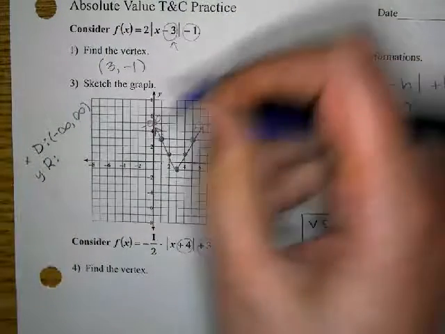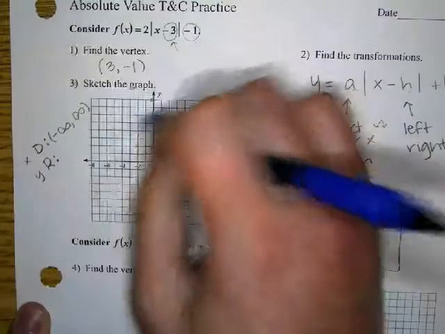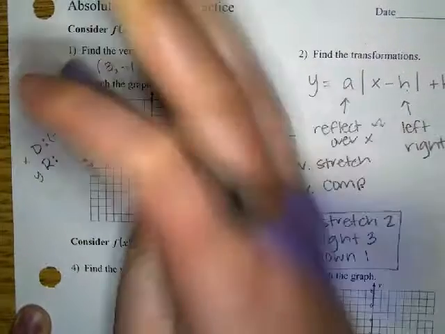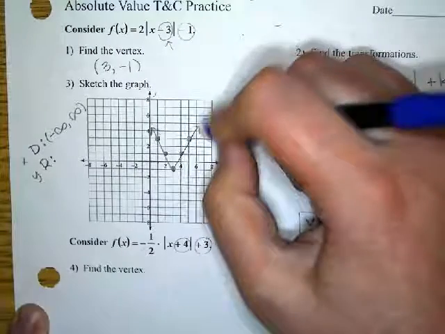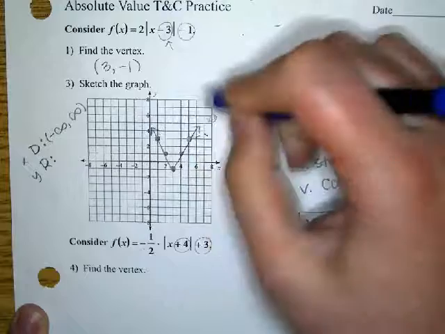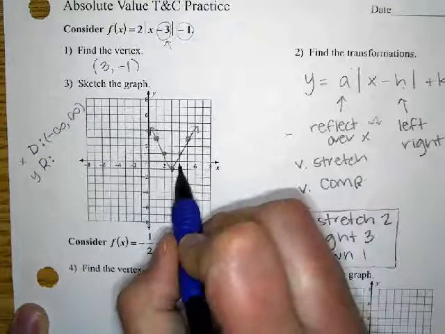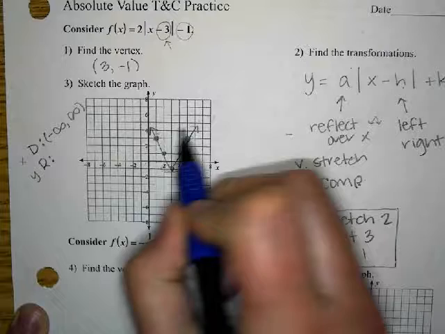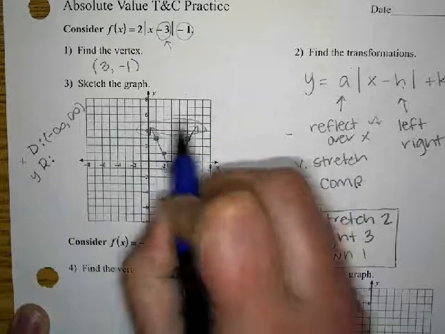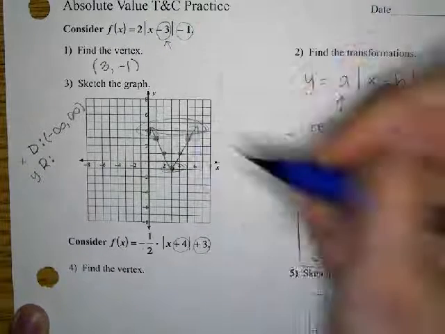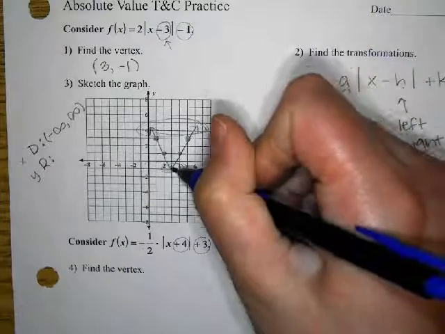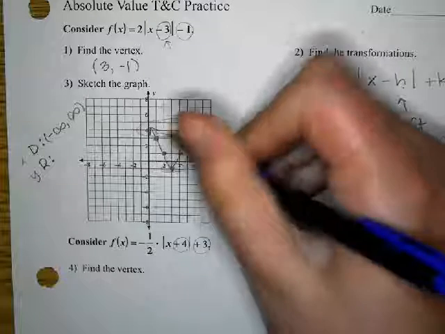The range is the y values. So with the range, we're going to think in terms of down and up. So I'm going to look at how far down my graph goes, and I'm going to look at how far up my graph goes. So my graph goes down to the vertex, and then it has arrows that mean that it goes up forever.